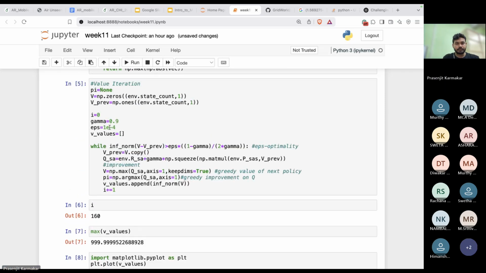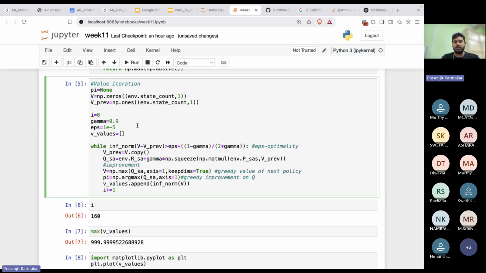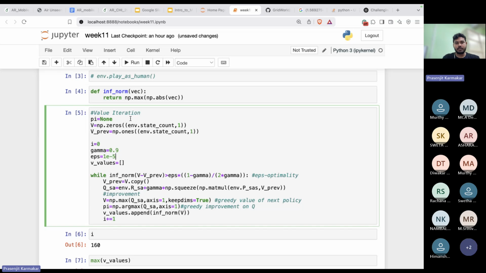Instead of this, we can have, let's say, 10 to the power -5, which allows more policy updates. That's what it will do.